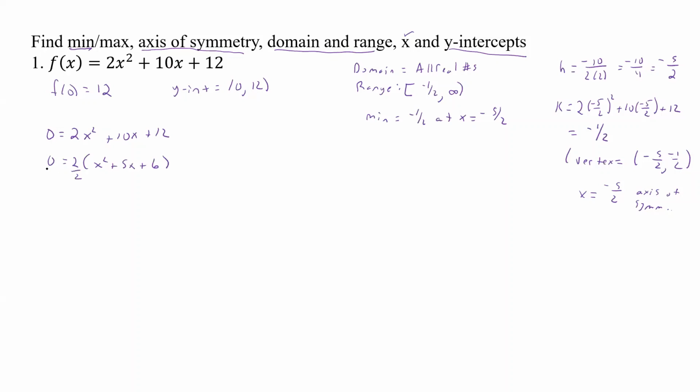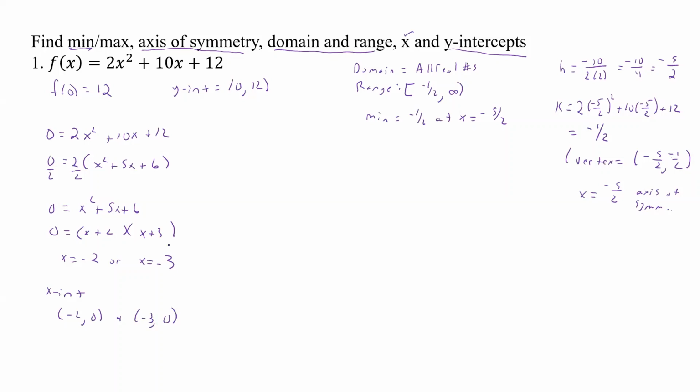If I divide by 2, then I just have 0 equals x squared plus 5x plus 6. And then I can factor this with 2 and 3, so (x plus 2)(x plus 3). And so using the zero product rule, x is equal to negative 2 or x equals negative 3. And so my x-intercepts are going to be (negative 2, 0) and (negative 3, 0).